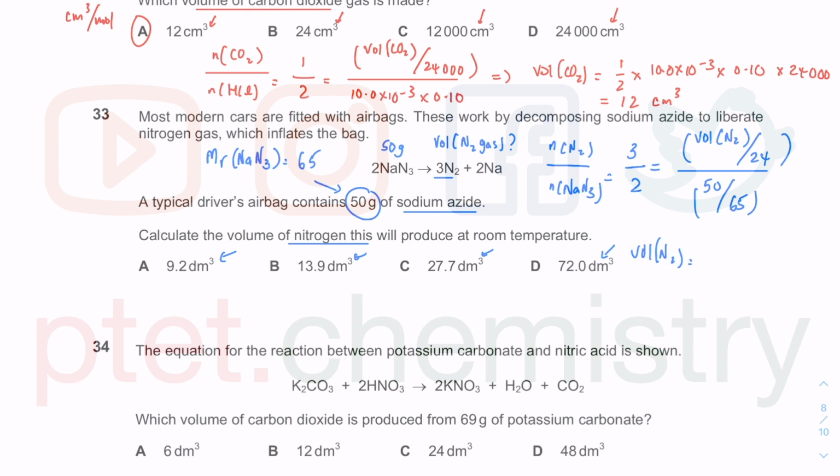What you do then is you bring all that up, so it's 3 over 2 times 50 over 65, and don't forget it's actually equal to volume over 24. I'm bringing out my 24 all in one step, and my final answer will be in dm cubed because of how I have set up my equations by dividing by 24 dm cubed per mole. So my final answer is actually in dm cubed, so 27.7 dm cubed.